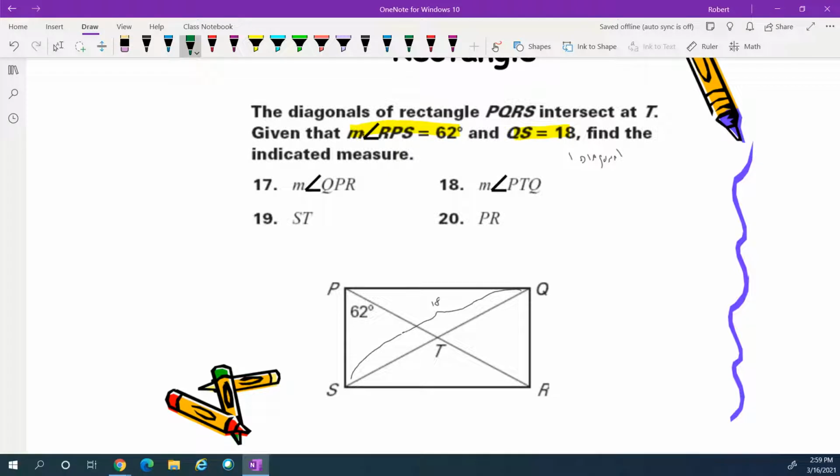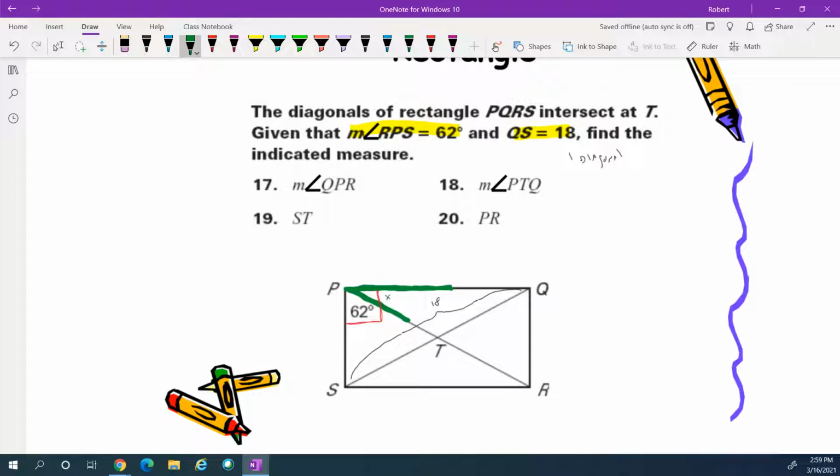So let's see what we can do here. Number 17, angle QPR. Let's find it. And how are we going to do that? Well, since it's a rectangle, we know that each corner is 90.